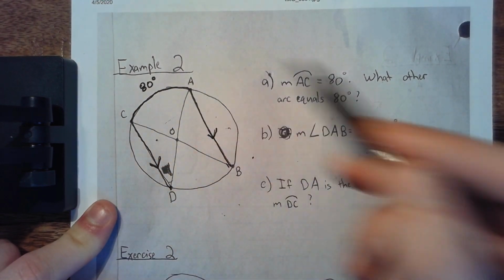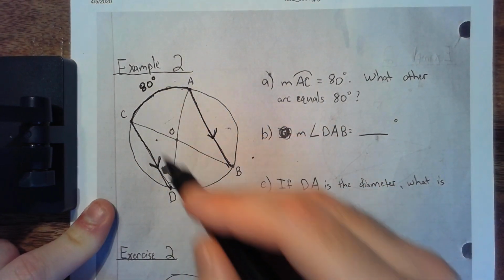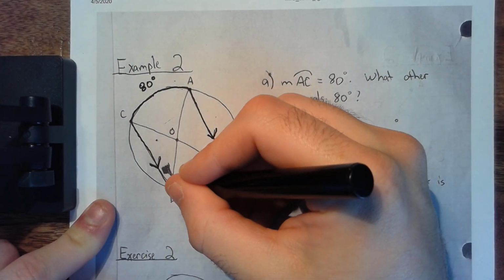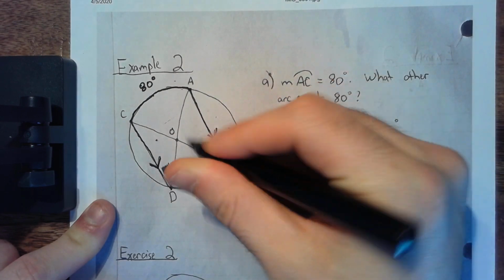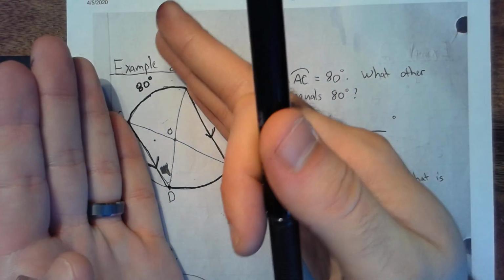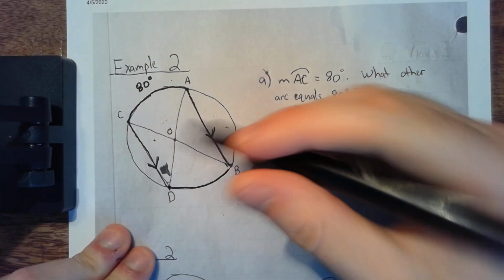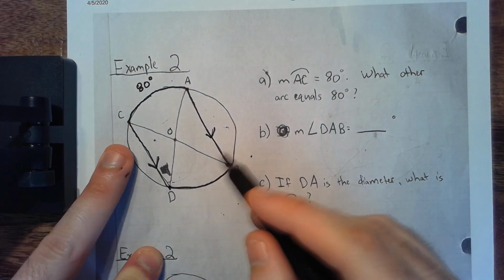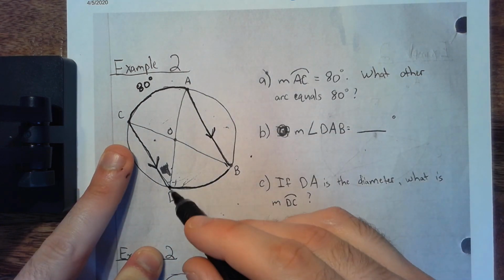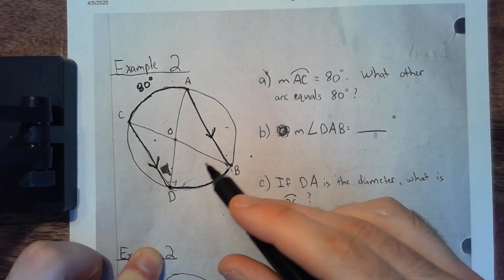So the measure of arc AC is 80 degrees. That means this arc DB is in between these two parallel lines. If these two parallel lines are like pieces of bread, all the stuff inside the sandwich is in between the bread. That includes arc DB. DB is in between these two parallel lines.